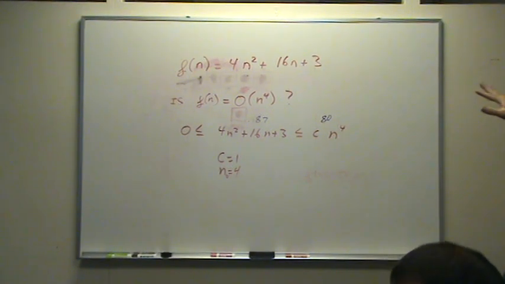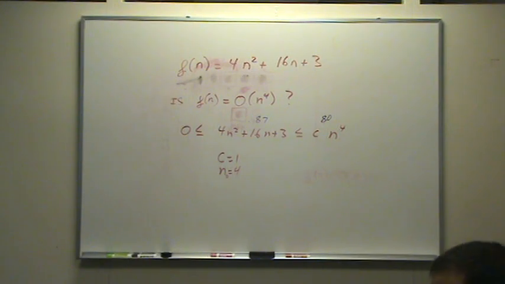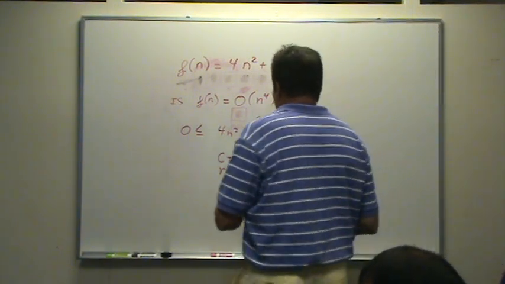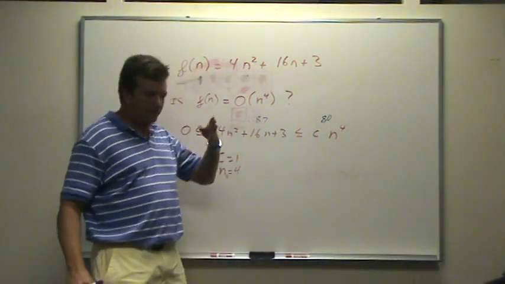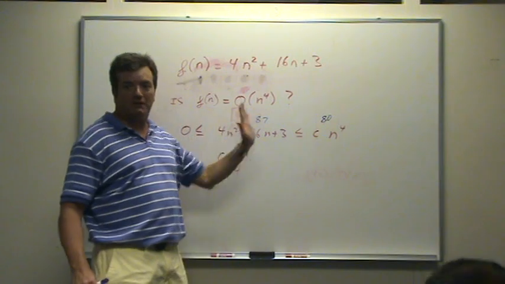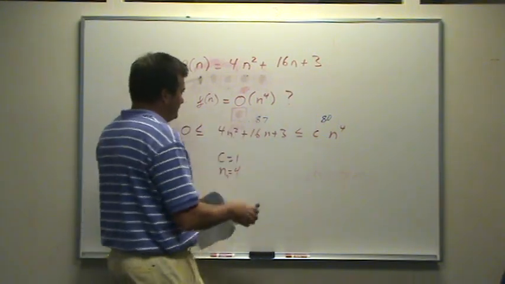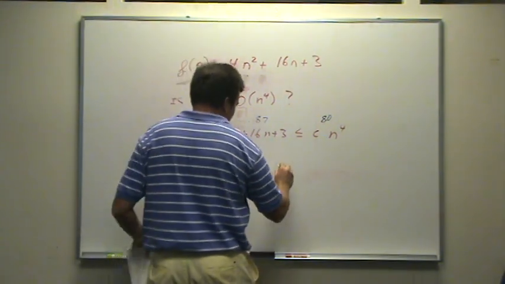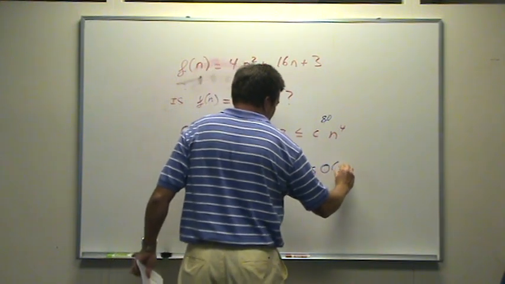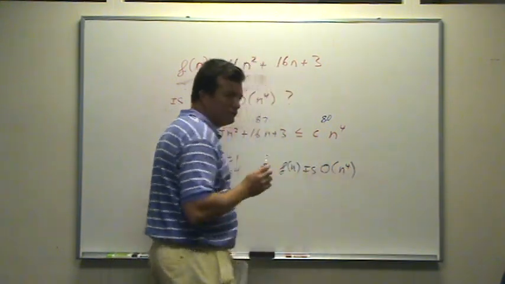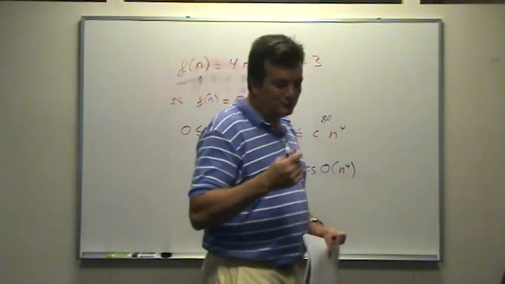That's where this algorithm might not be good, but from 4 onward, this becomes a true statement. If we can come up with a constant and a particular value of n, from this point off to infinity, this becomes a true statement, then the statement f of n is big O of n to the 4th is a true statement. That's what this is basically saying.